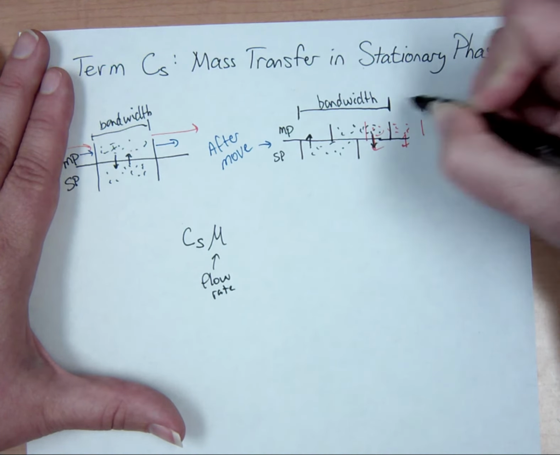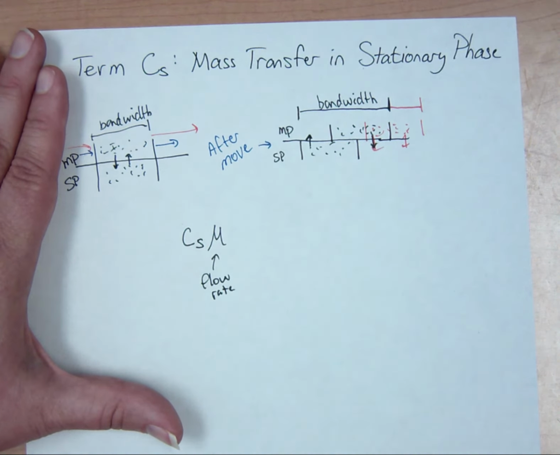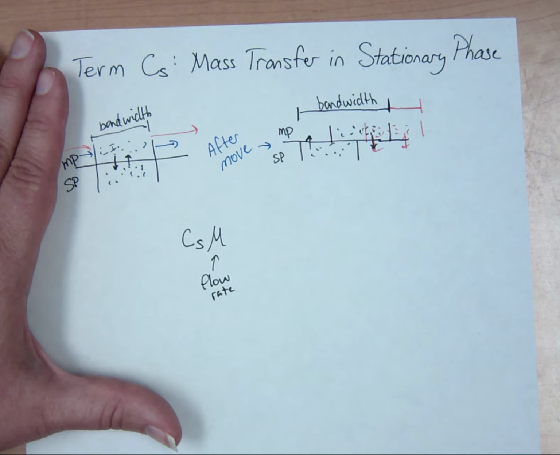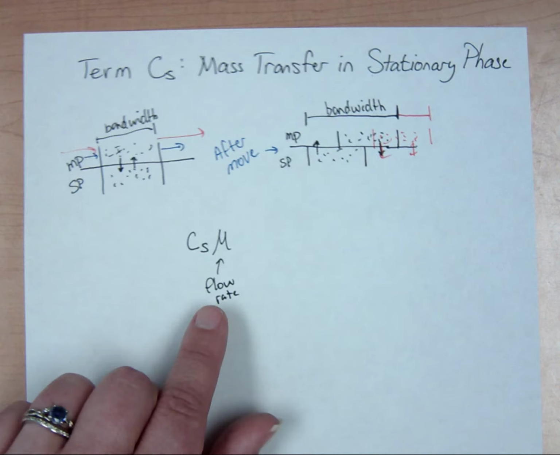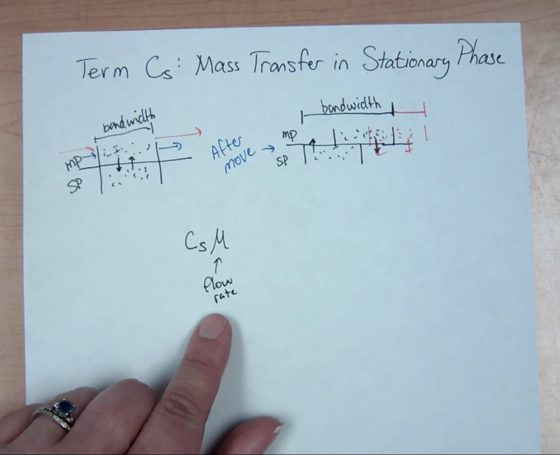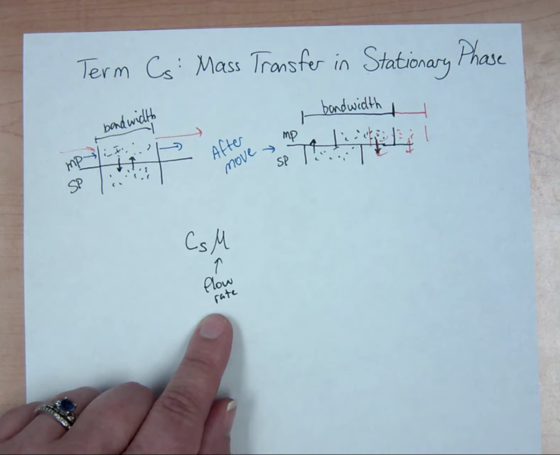So now our bandwidth is even wider with a faster flow rate. So we're directly proportional to flow rate. A faster flow rate is going to make our bandwidth broader and make this term lead to a really wide distribution of analytes and a less efficient separation.